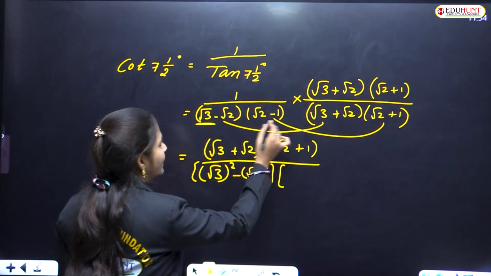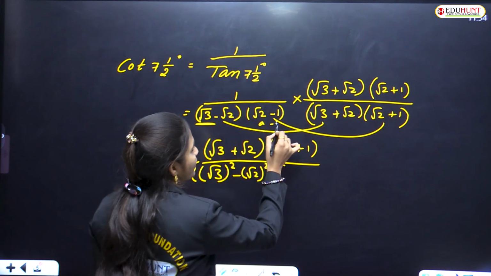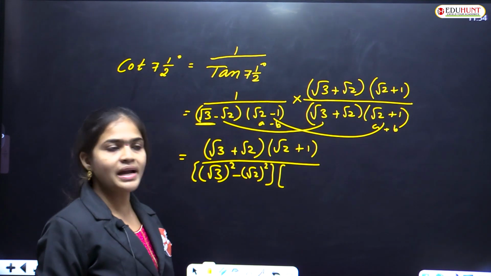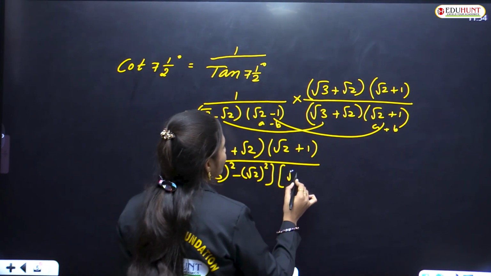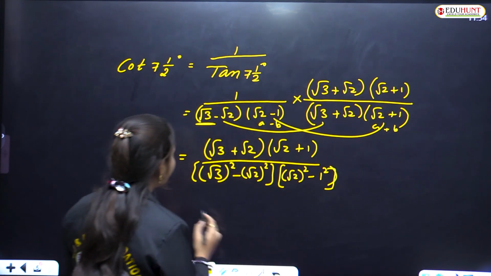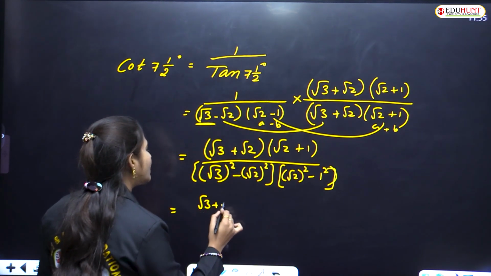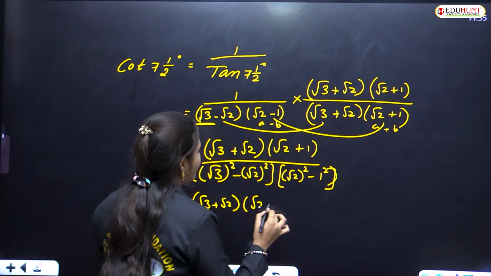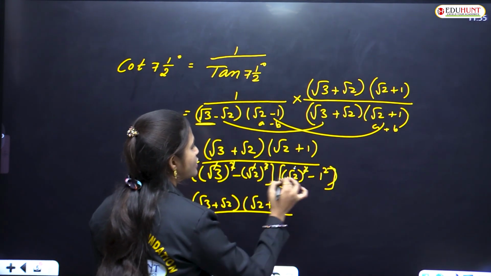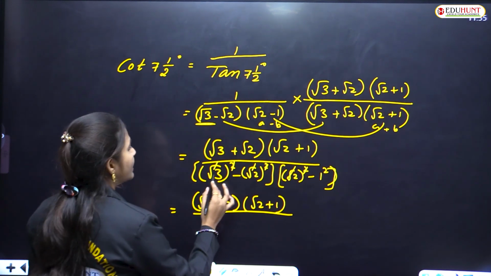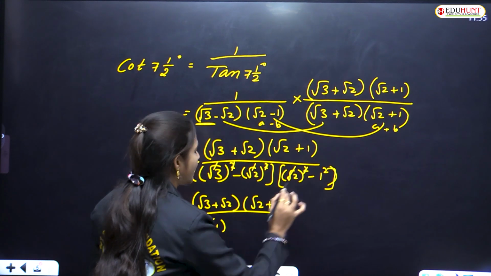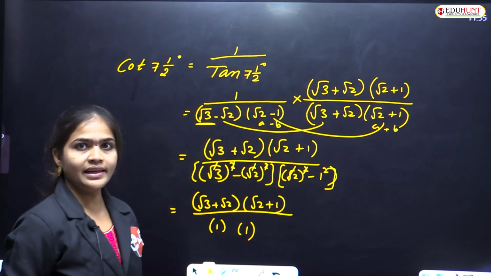And in the same way here also, a minus b into a plus b is a square minus b square, so root 2 whole square minus 1 square. Here the square and root get cancelled. So 3 minus 2 is 1 and 2 minus 1 is also 1. So 1 into 1 is again 1.